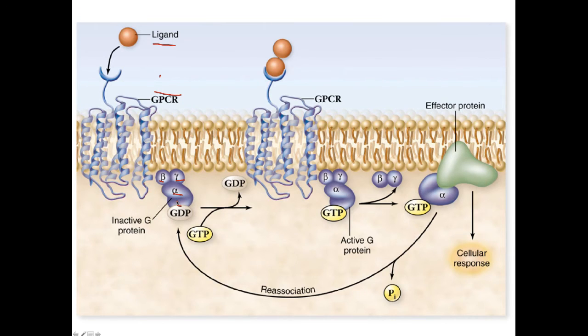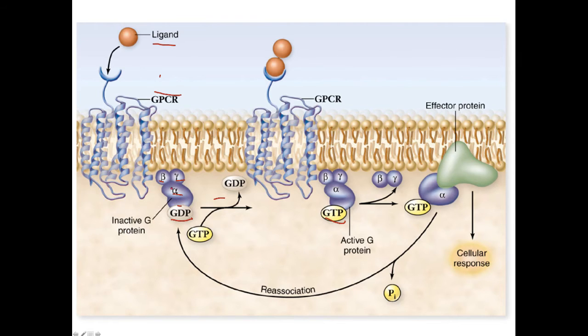Now, G proteins, as their name suggests, bind guanine dinucleotides or guanine trinucleotides, depending. So that's what we mean by G protein. In its inactive state, the heterotrimeric G protein has GDP, or guanosine diphosphate, bound to the alpha subunit. In that state, it is inactive.